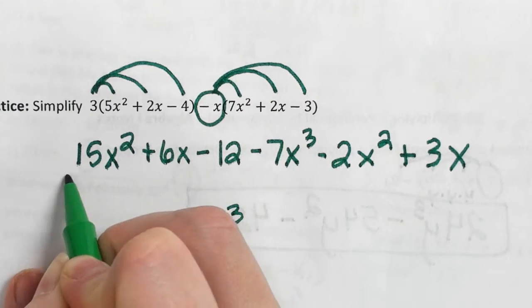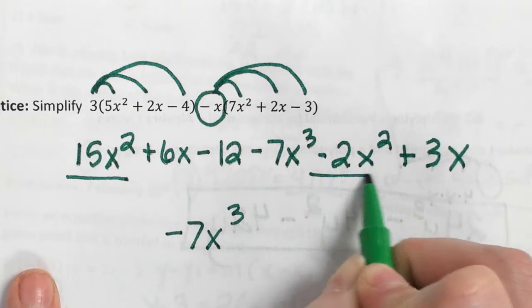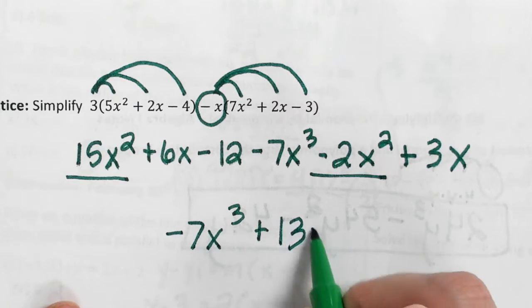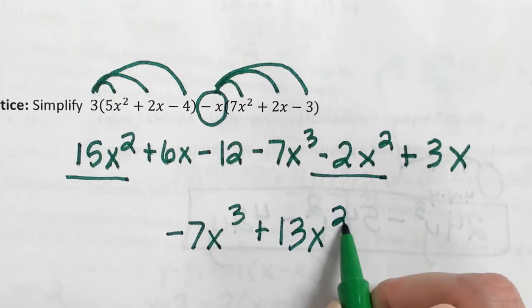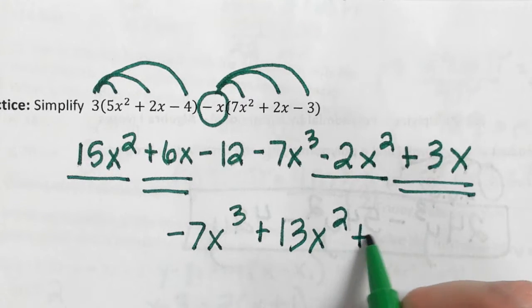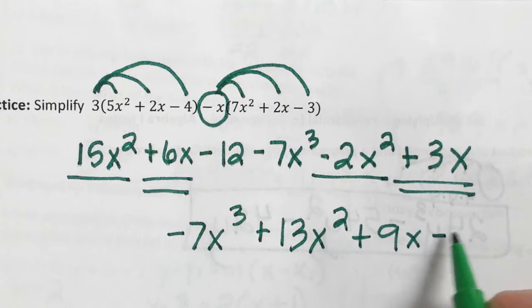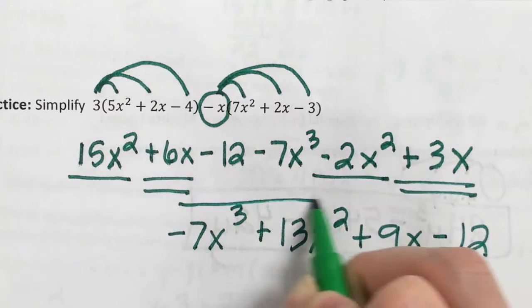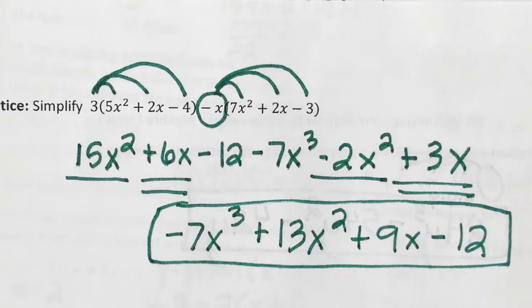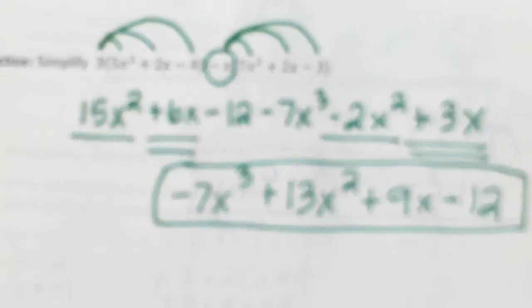Okay, so then I'm going to do 15x squared minus 2x squared. And then I have 6x plus 3x. And then minus 12. Forgot about the 12.